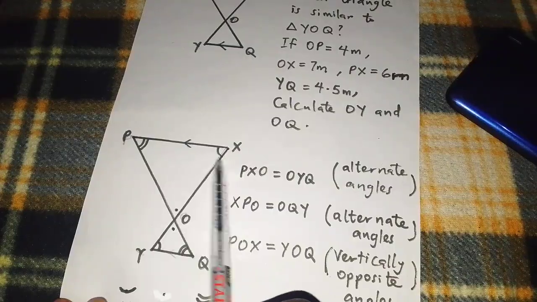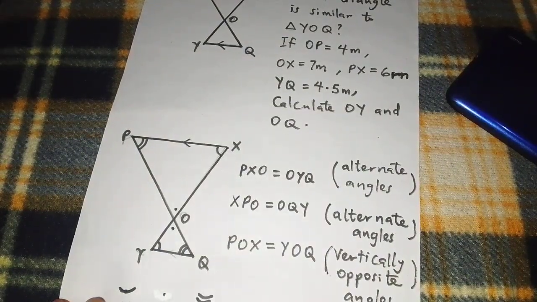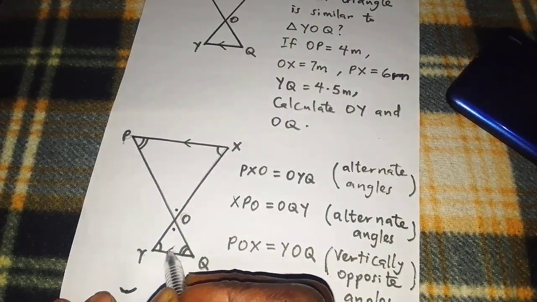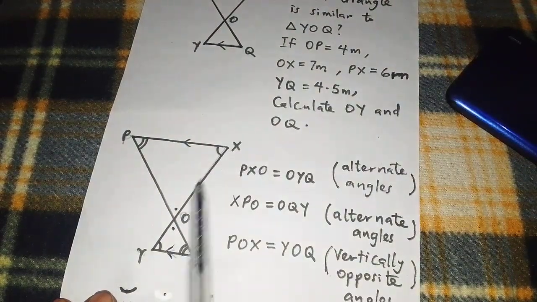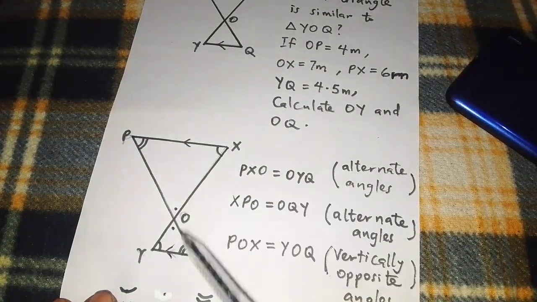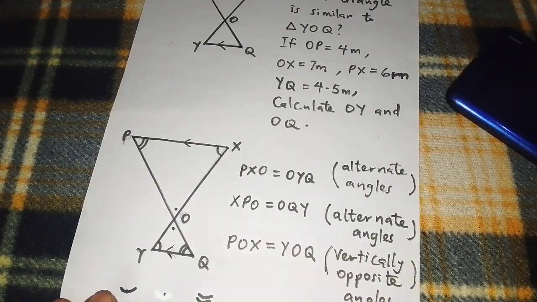Since this line and this line are parallel, the angle here and this angle are going to be equal. Likewise, the angle here and this angle here, indicated by two curves, are going to be equal.